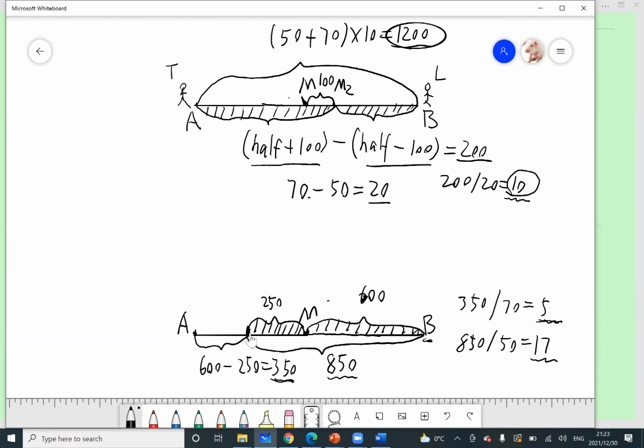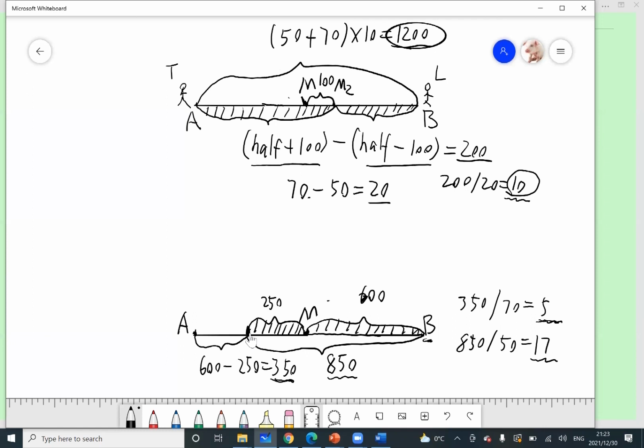So since Larry had spent 17 minutes, Tom should also spend 17 minutes on his way. However, Tom's time consists of two parts. Part of Tom's time is for traveling, and part of his time is for taking a break. And he spent 17 minutes in total and 5 minutes in traveling.